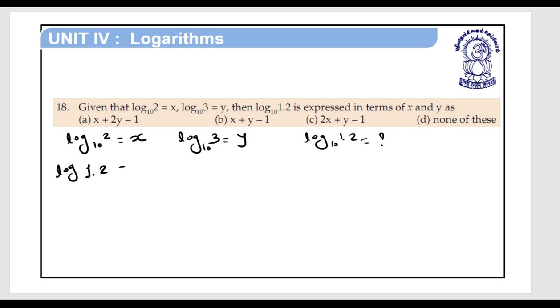Log 1.2 means 12 by 10. So log base 10, 2 2s are 4, 3s are 12 by 10.